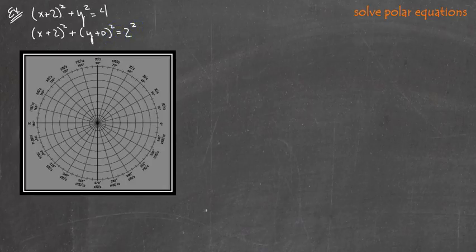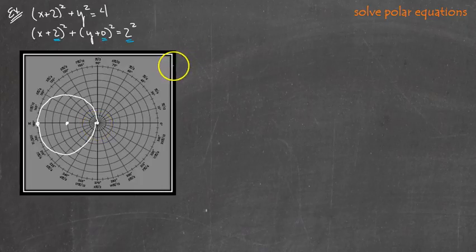I've rewritten it just so that I can easily find the center of my circle, which is at (-2, 0), and it has a radius of 2. So that takes me back to the pole on the right-hand side, or rather to the origin because I'm in rectangular coordinates, and then to 4 on the left-hand side, and then I sketch the circle. I'll do my level best to make a nice-ish circle. Okay, it's not good, but it's not bad.